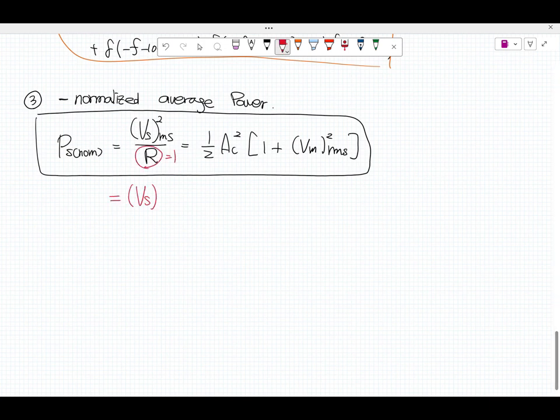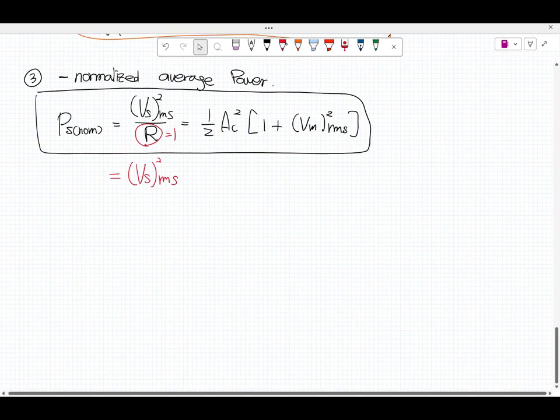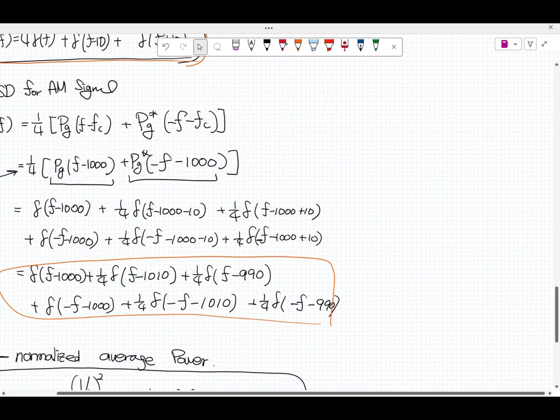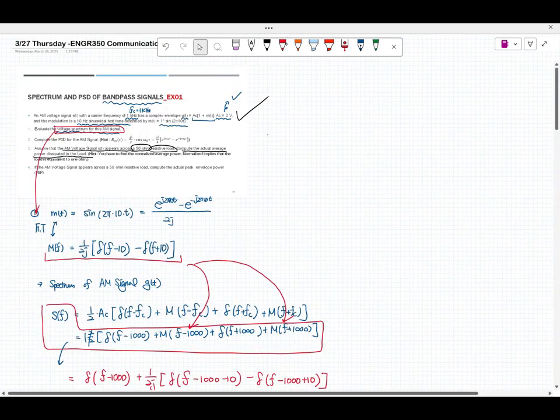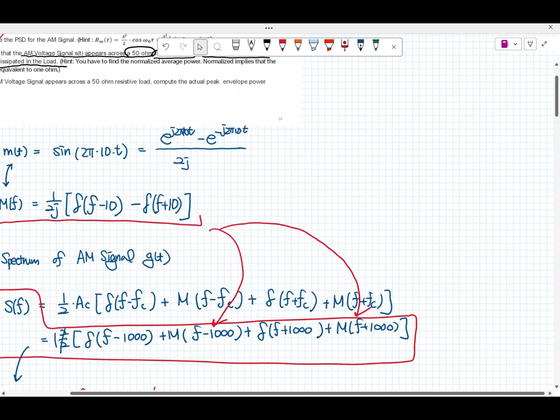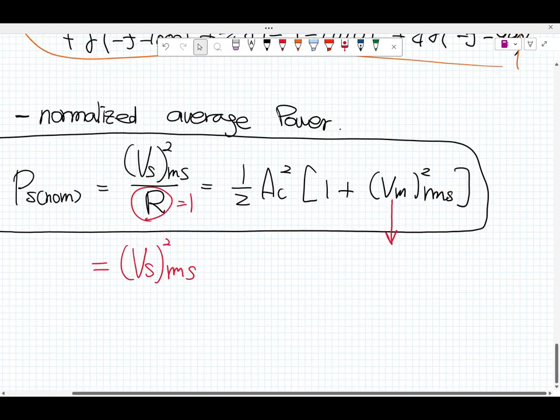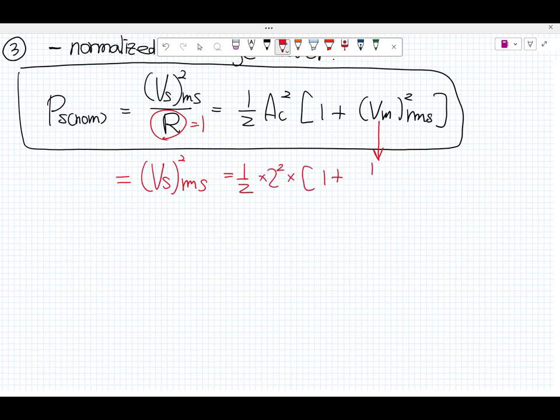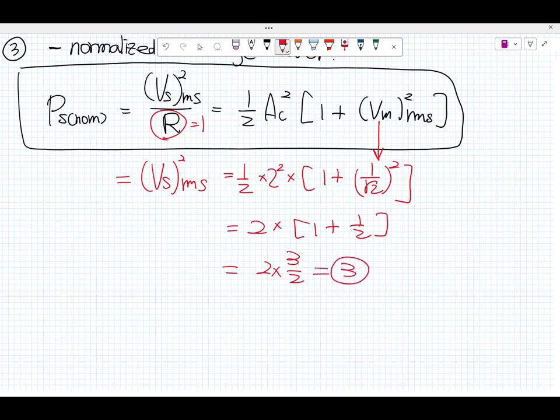So that was also the square of the RMS. What is the P sub m? Go back to here. This is 1. So the RMS value should be 1 over root 2. So 1 over 2, and A sub c squared, 2 squared, times 1 plus 1 over root 2 squared, and then 2 times 1 over 2, 2 times 3 over 2. 3.